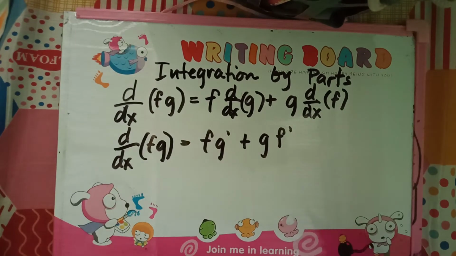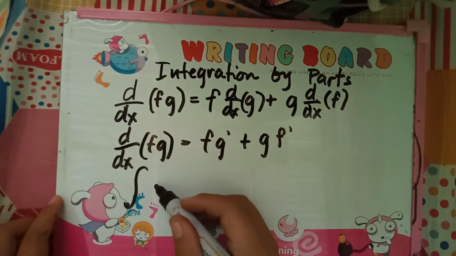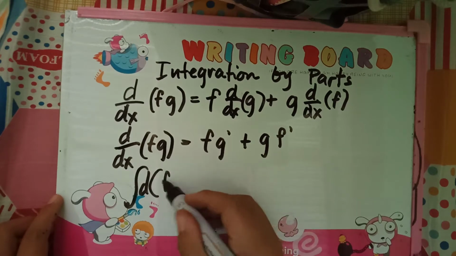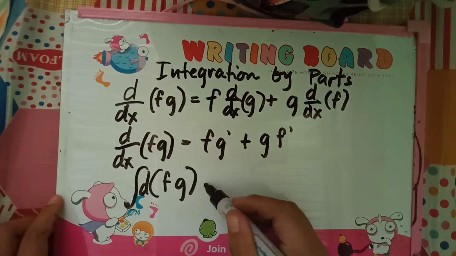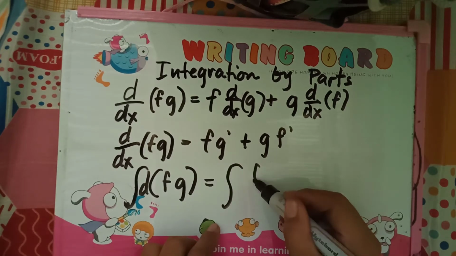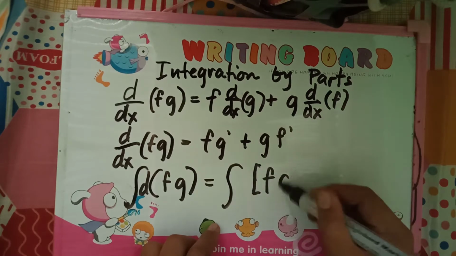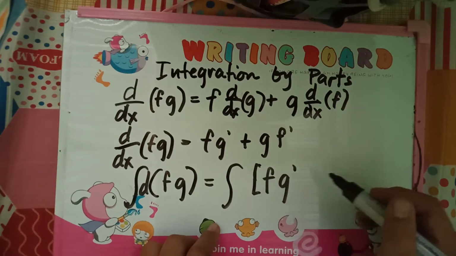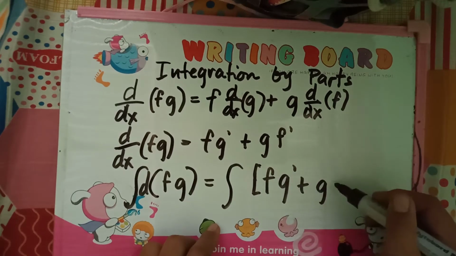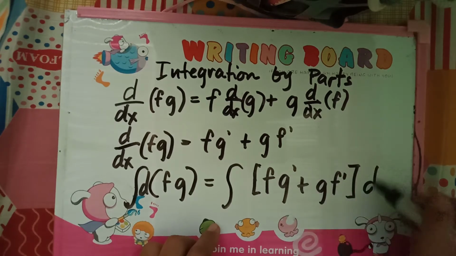Okay? So, kung iaano natin siya sa integral, kung magkakaroon tayo ng integral of d of f and g will be equal to the integral of f multiplied by the derivative of g plus g multiplied by derivative of f dx.